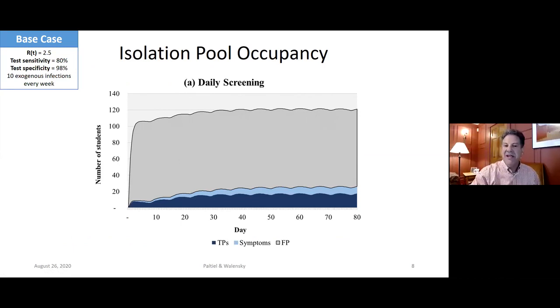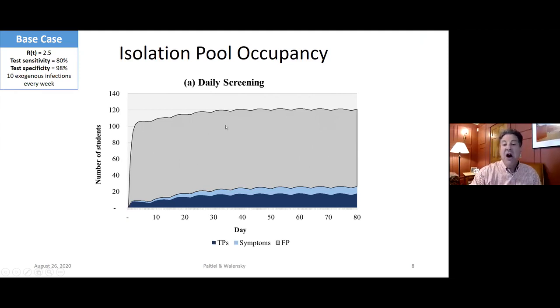It's not logarithmic here, but it is going to change in values. It is the number of students in the isolation pool. So this is both your false positives, your true positives, and the students who arrived there as a result of symptoms. So what you see is that with daily testing, the average presence in the isolation pool is about, I don't know, about 110, 120 over the course of the 80-day semester.